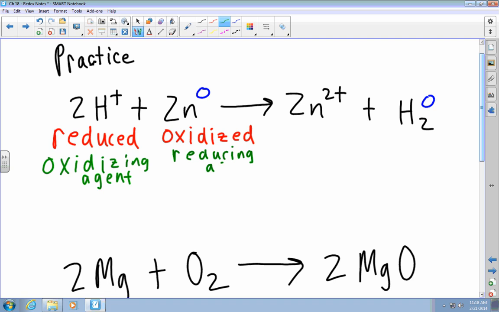Now let's see if we can figure out the half reactions. So we've got our 2H plus going to H2, and we need to balance with electrons. So which side should the electrons go on?